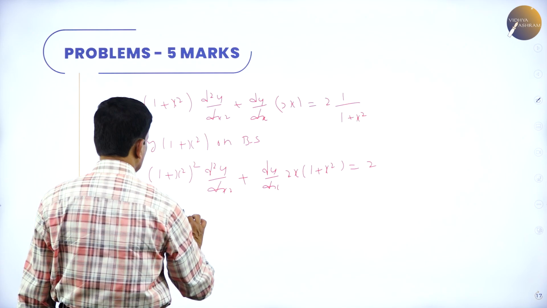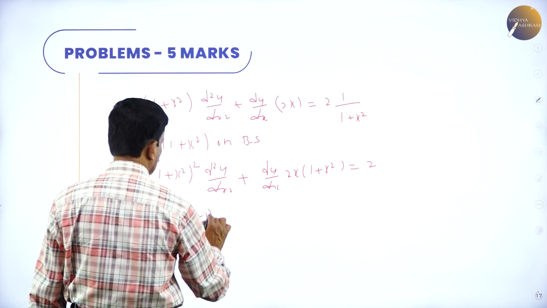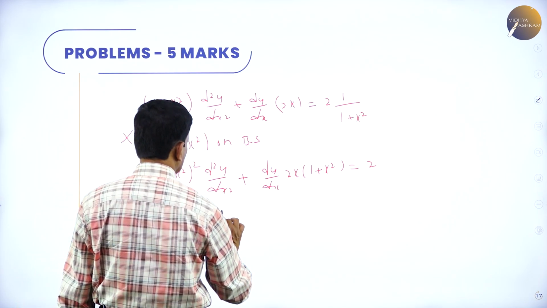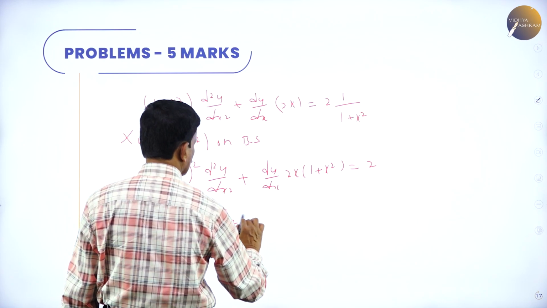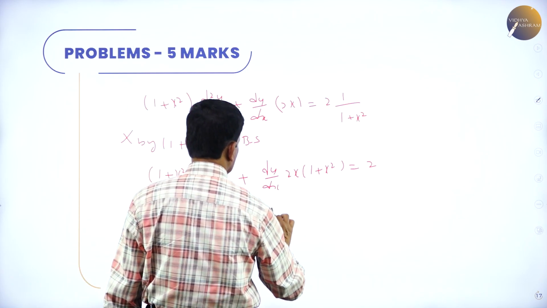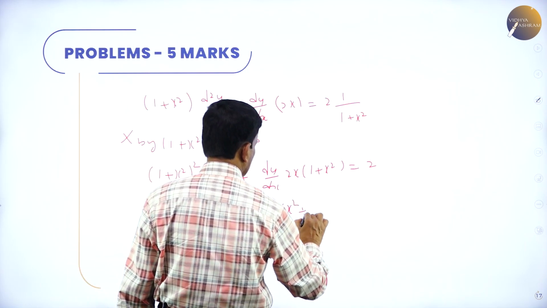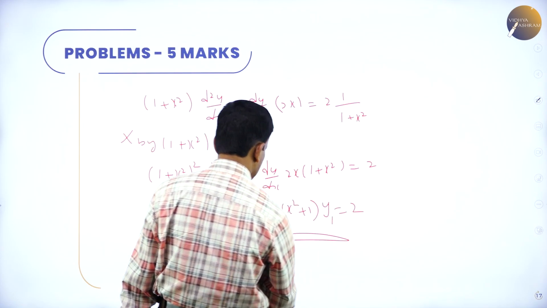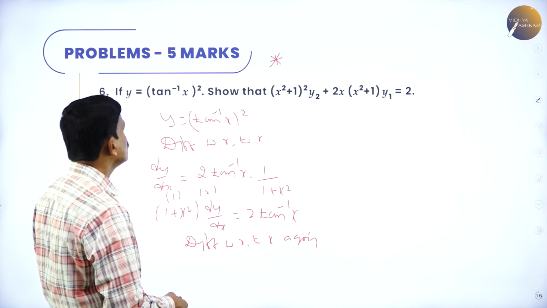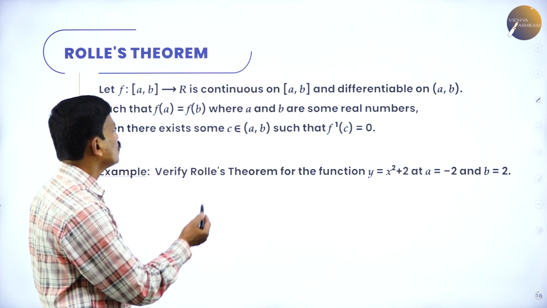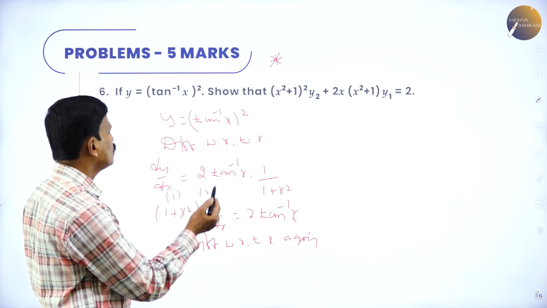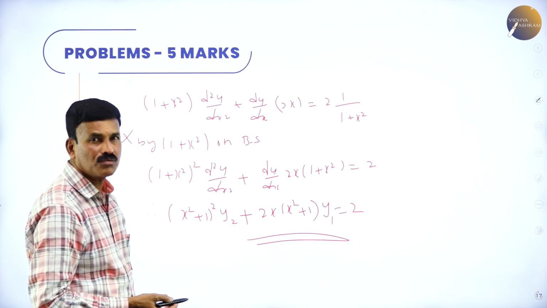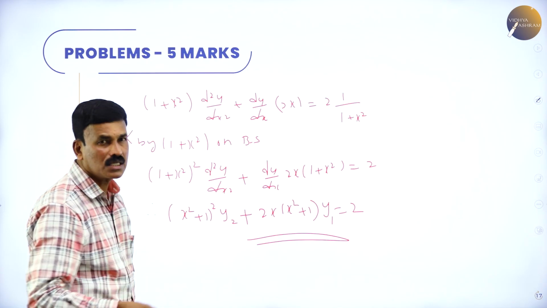Therefore, (x square plus 1) whole square into d square y by dx square, which can also be written as y2, plus 2x into (x square plus 1) into dy by dx, which is y1, is equal to 2, which is the required answer.